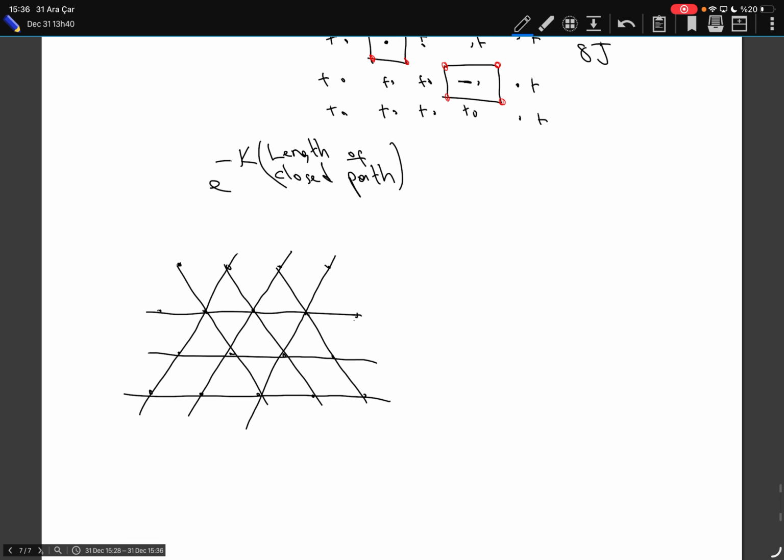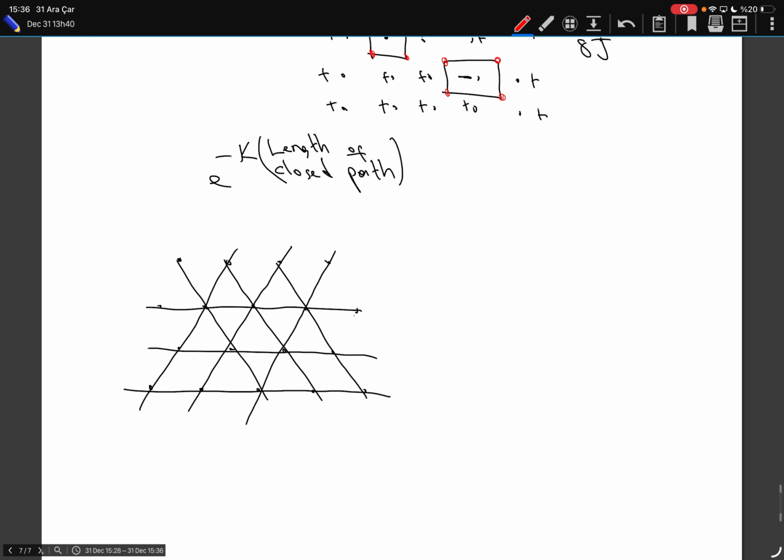So in the low temperature expansion, what I did was I just constructed paths connecting these lattice points. What I did in the high temperature limit was I considered the lines perpendicular to these links.